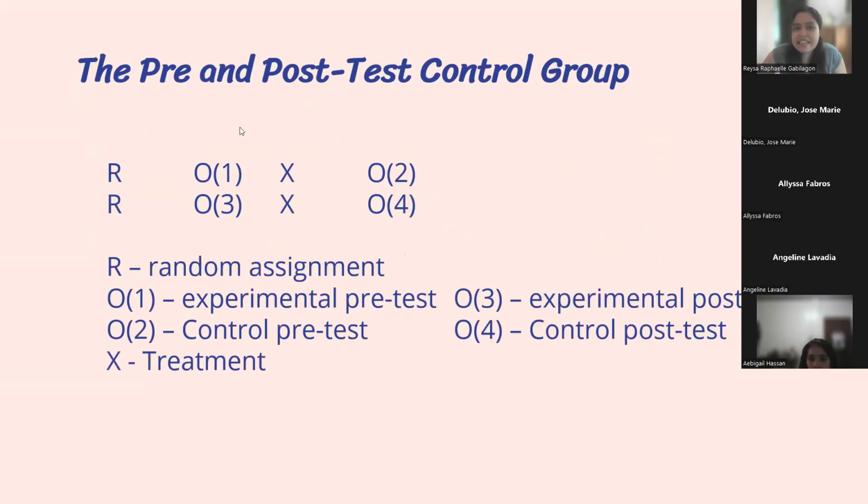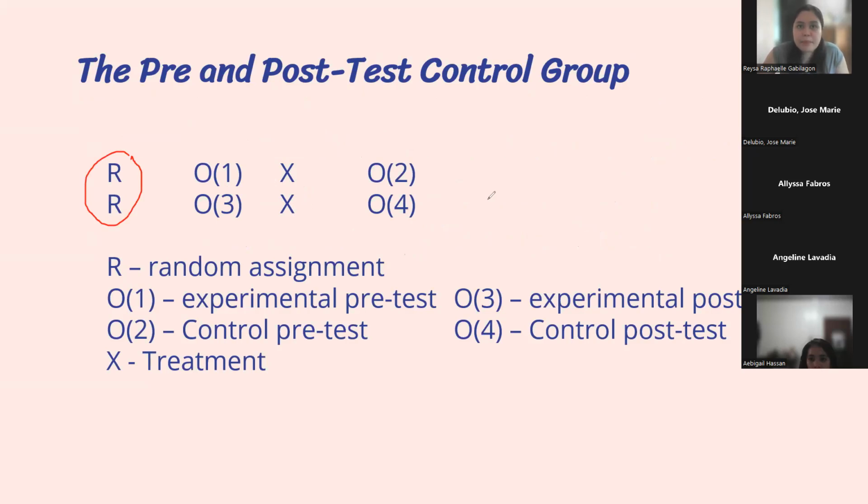Okay? Isa-isahin natin sila. Pag pre and post-test control group, parang yung kanina na may pre-test and post-test tapos dalawang grupo, pero ano yung nadagdag diyan sa illustration na 'yan? You have here the R, meaning there is random assignment.